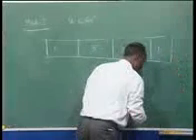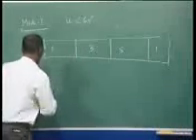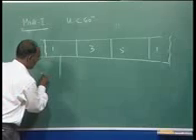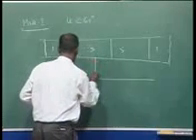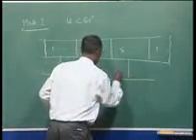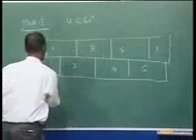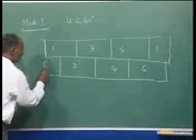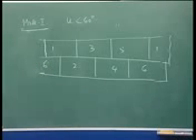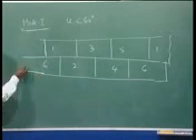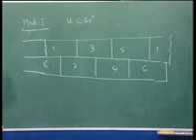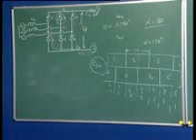In the lower row I can draw another line: this is 2, here 4, here 6, and again 6. For two-valve conduction, the ideal case I have already drawn here.